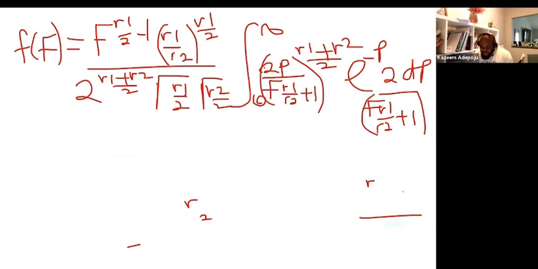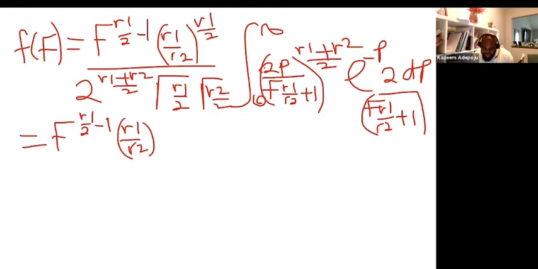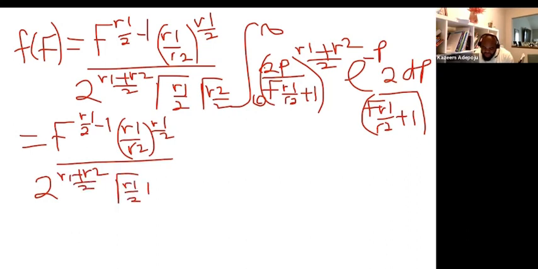Okay, clean that up now. Don't forget I have this minus 1, r1, r2, r1 over 2, 2, r1 plus r2 over 2, gamma r1 over 2, gamma r2 over 2.